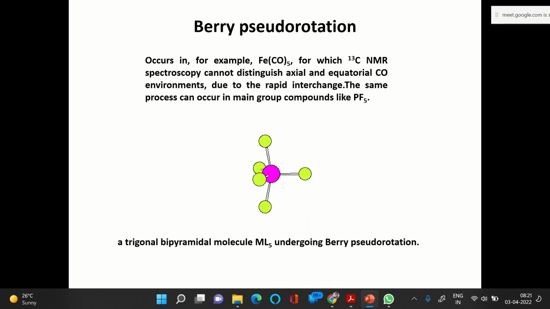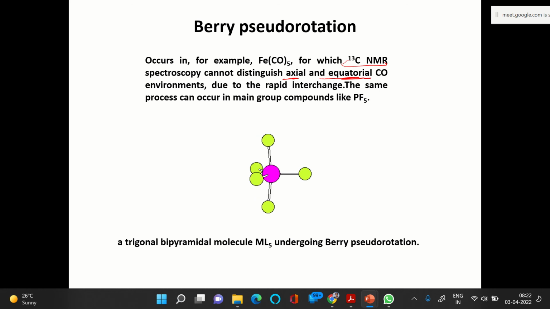Okay, so because of this reason, taken together, this is the movement that happens in a very fast manner, and that's why if you conduct NMR, for example, this is the example of Fe(CO)5 13C NMR. Instead of getting different signals, you do not get different signals for axial or equatorial carbons in 13C NMR, because there is such a fast change in structure.